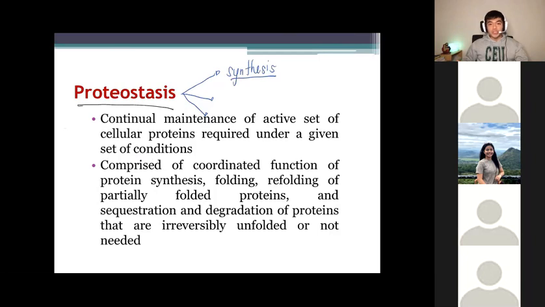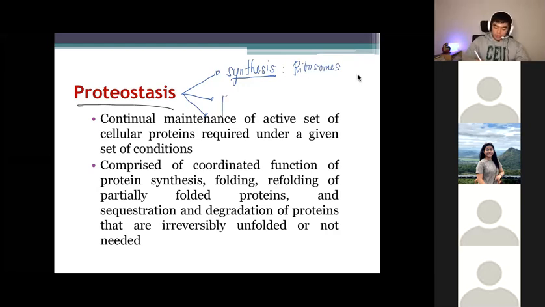In other words, pag sinabi nating synthesis of nascent polypeptide, protein synthesis. And the part of the cell that produces proteins are the ribosomes, as we remember. And then after synthesis, of course, folding has to occur.